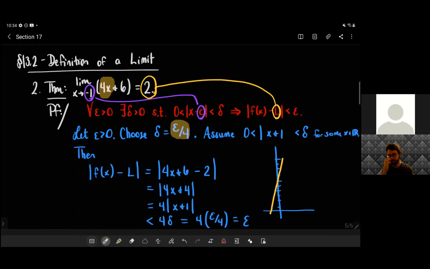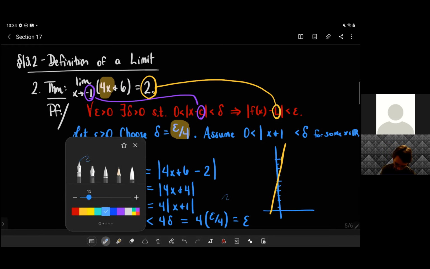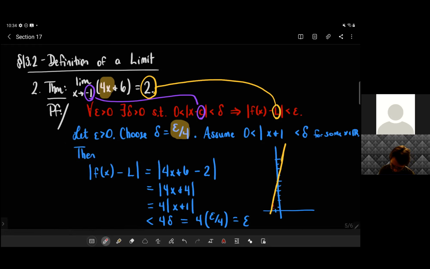That's our function, 4x plus 6. We're asking what the limit is as x approaches -1. -1's here. Actually goes up to here. The limit just turns out to be the function value.